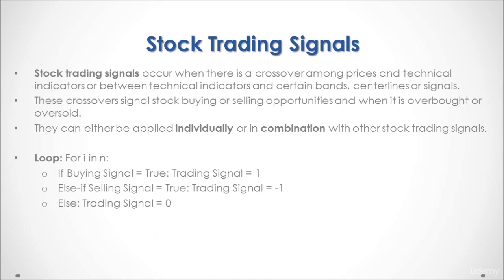If this is not the case, then we have a second if, but this if is nested within the original if, therefore it's an else if: selling signal equals true. If this is the case, then our trading signal variable is going to be updated with -1. If none of the above conditions is met, then we have else, in which our trading signal is kept at 0. So 1 is buy, -1 is sell, and 0 is do nothing.